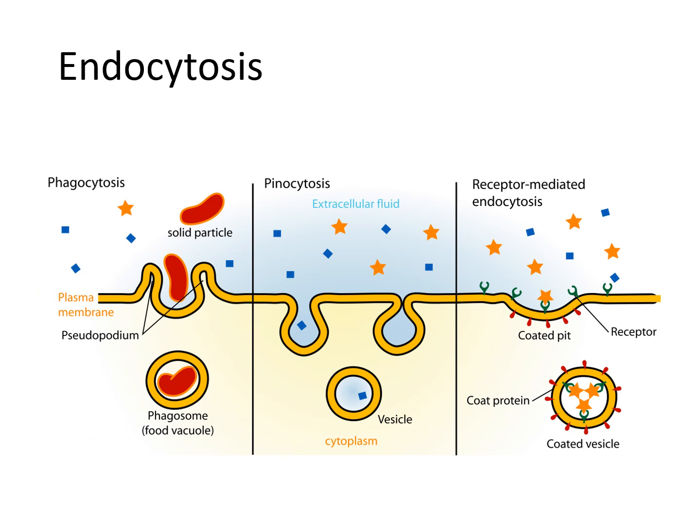So here we would be discussing endocytosis and its types. Endocytosis has three types: phagocytosis, pinocytosis, and receptor mediated endocytosis. Phagocytosis is adopted by the immune cells, the phagocytes, for example neutrophils and macrophages.